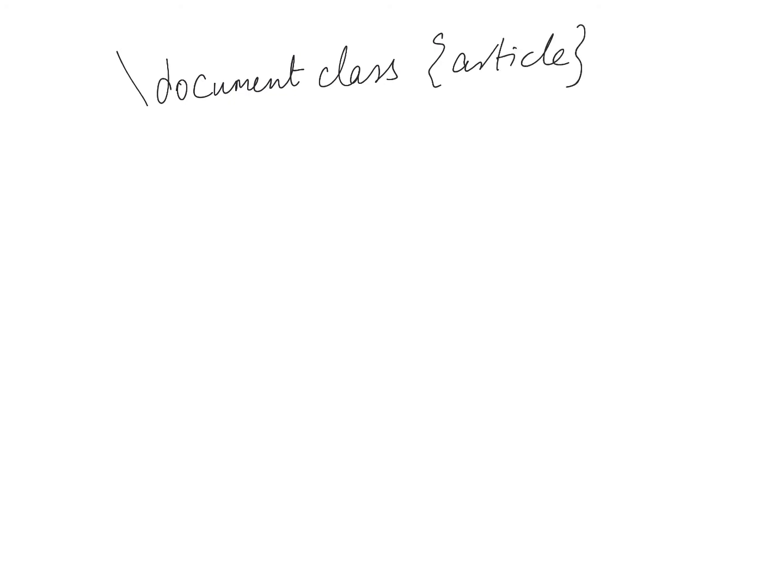So if I'd like to create just a list, and I just want to put a few items, you know how the document begins: documentclass, put article, and then you begin your document.